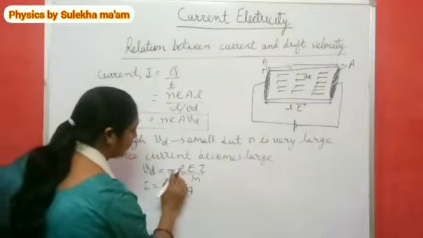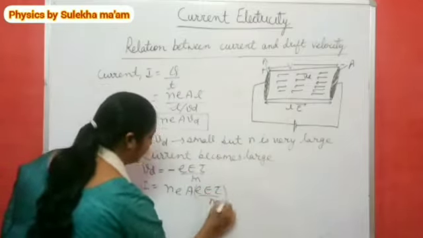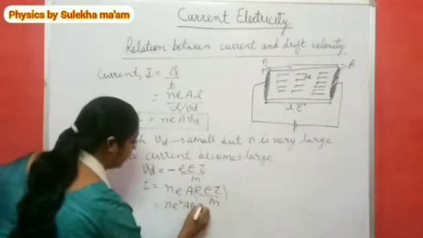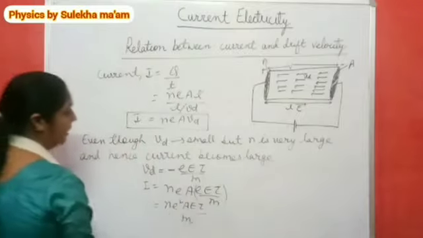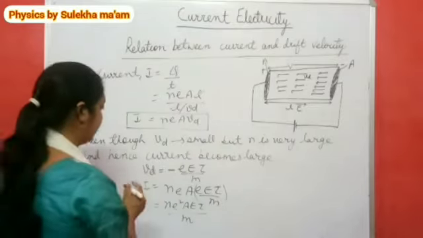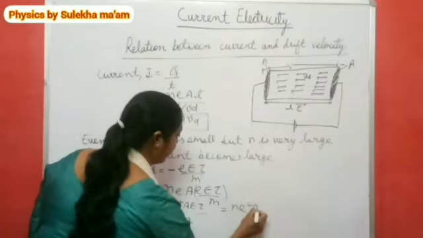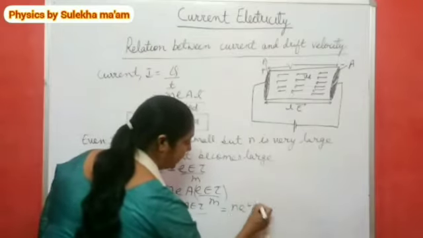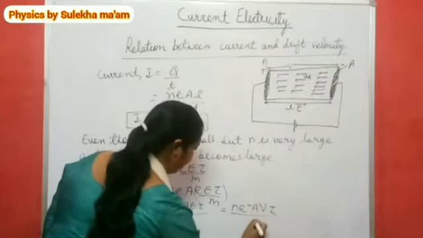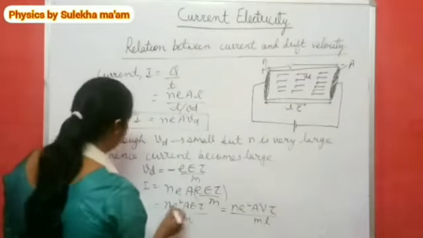Vd is E tau by M. So this becomes NE square A E tau by M. And you know what is E? E is V by L. So in place of E, you write V by L. So this becomes NE square A V tau by ML.